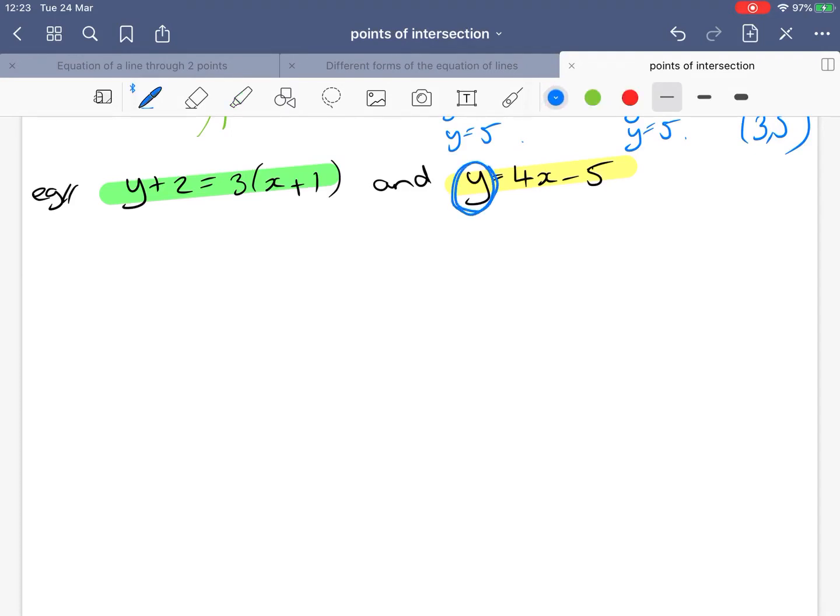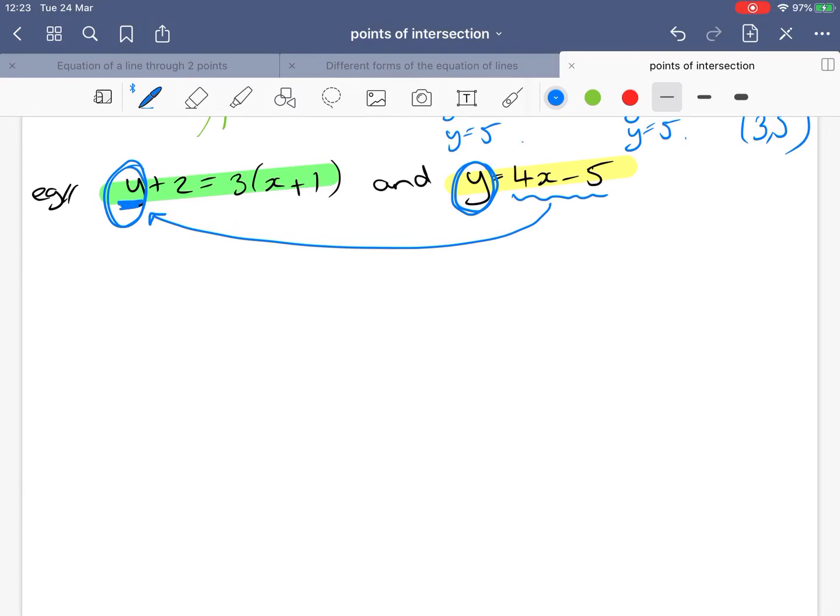This y here is exactly the same as this y over here at the point at which the two lines cross. And that means I can actually substitute this into here, because my y equals 4x minus 5. So I can use 4x minus 5 in this position over here.